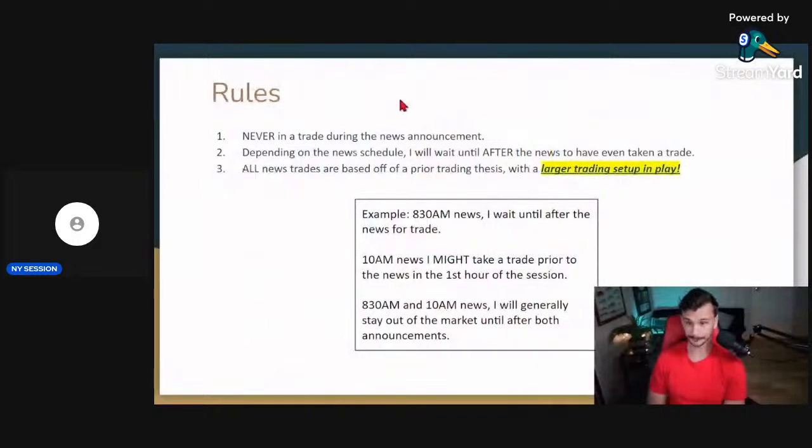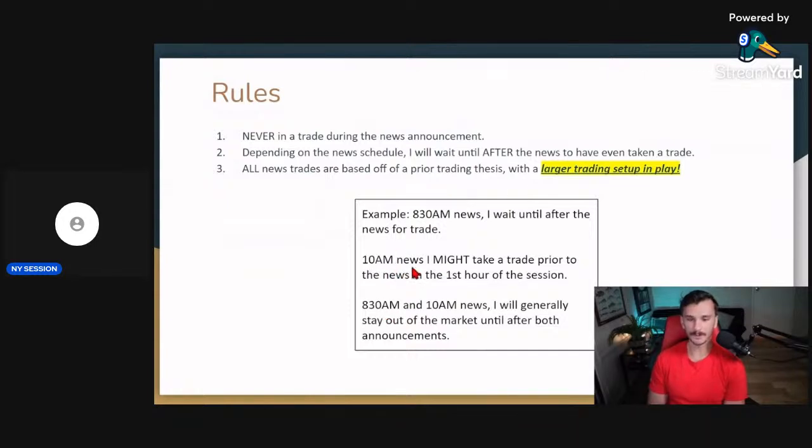So some of the rules of trading around the news. I am never going to be in the market when the news hits, number one. Number two, depending on the news schedule, if there's news around 8:30, I will wait till after the news and then I will execute. If there's news at 10 and 8:30, generally I'm going to stay out of the market altogether and just wait until after 10.